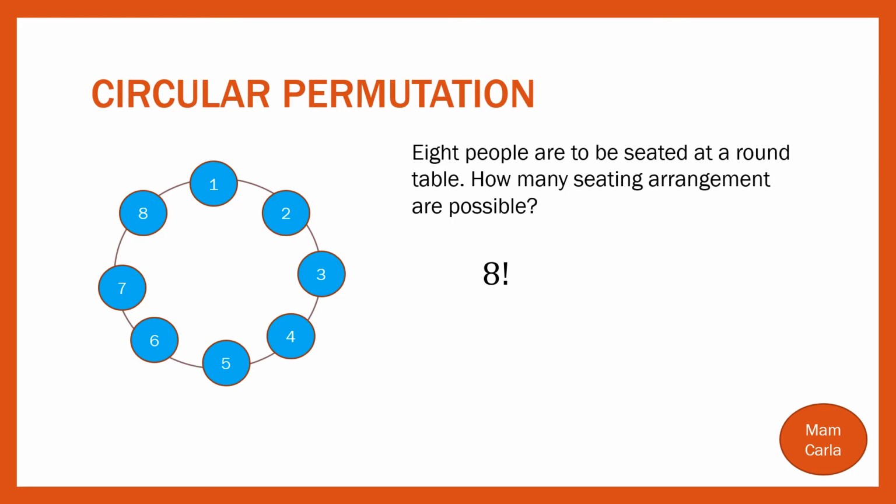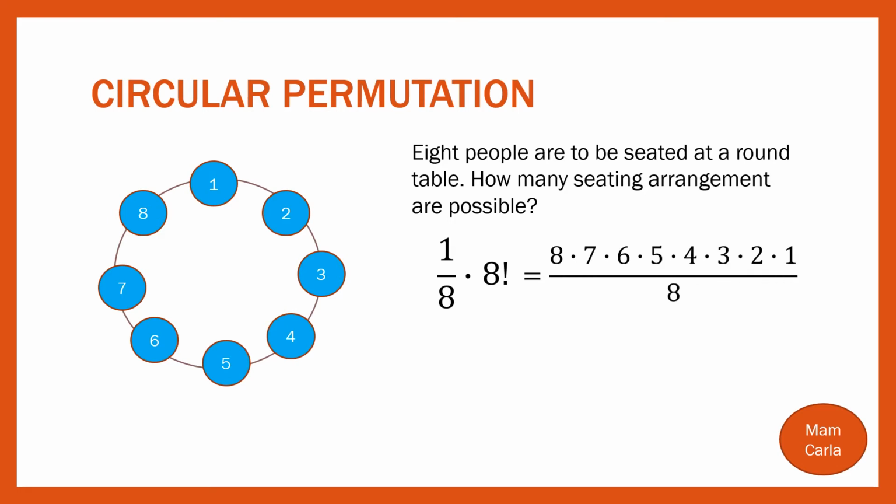These arrangements fall into groups of 8, each of which can be found by turning the circle. So therefore, the number of really different arrangements around a circle is 1/8 of the total arrangements in a line. So we need to multiply 1/8 times 8 factorial.